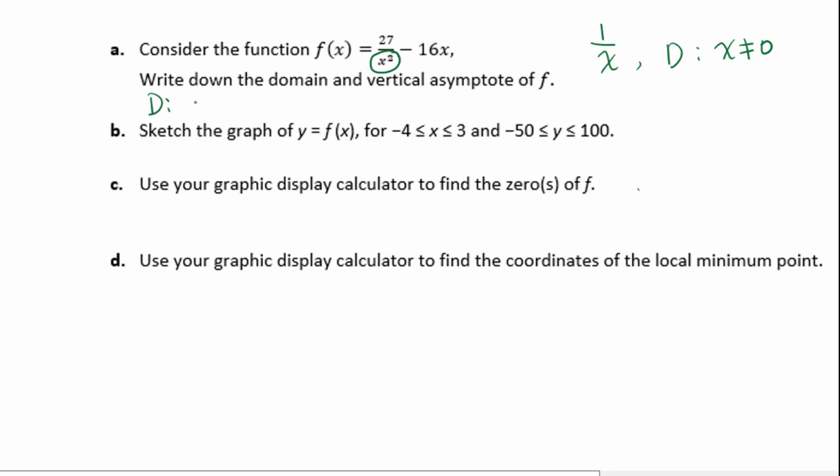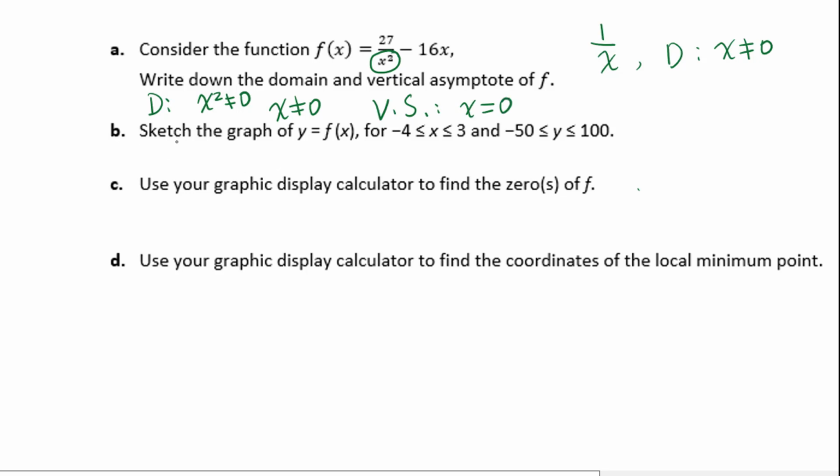Therefore, we set up x squared not equal to 0. Square root both sides, we get x not equal to 0. Then the vertical asymptote line will be x equals 0.